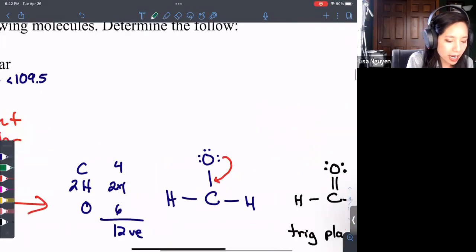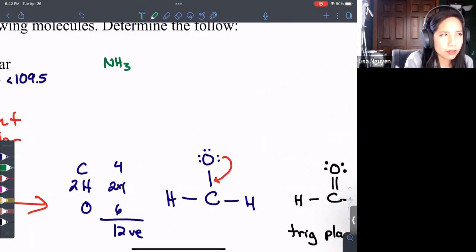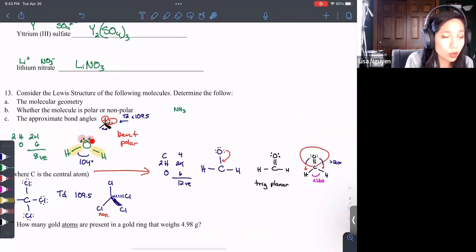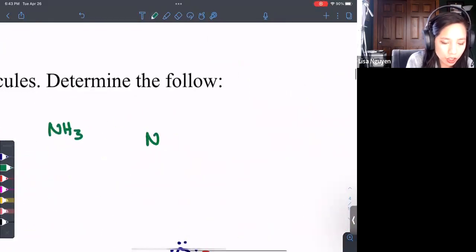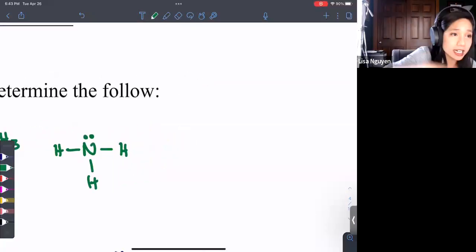But let's say I was working with NH3, ammonia. Hopefully you can see the trend here. Ammonia, if you draw the Lewis structure, looks like this: 3 bonds, but only 1 lone pair. It's not flat. It's a tetrahedron, but it's missing one of its legs because one of its legs is a lone pair.